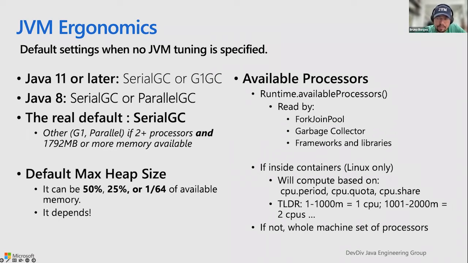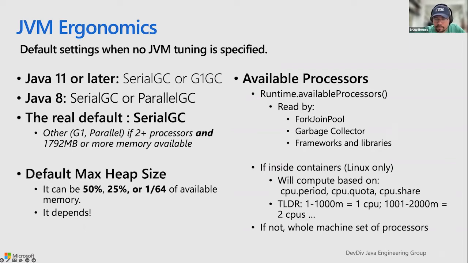And the Java platform has its own thread pool called the fork join pool that is used for a variety of things, such as parallel streams. So if you're using parallel streams in your collections, it will use threads from the fork join pool. So the more available processors the JVM sees, the more threads will be considered in that thread pool.